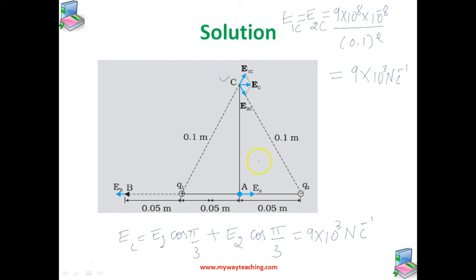And here EC points towards the right, as you can see in this figure. Basically this is a problem where we see the electric fields at different points in a system. We considered three points, point A, point B and point C, and we found the electric fields at those points.